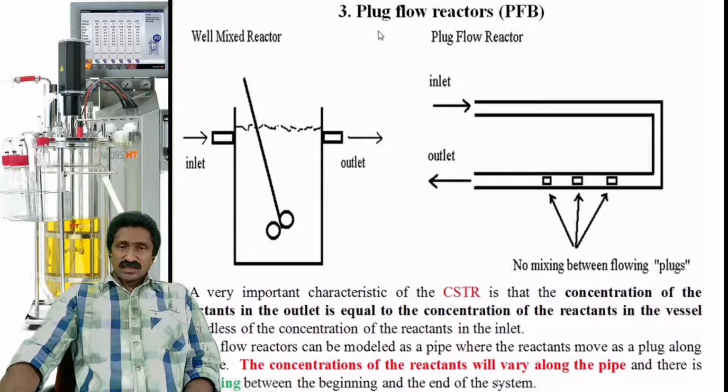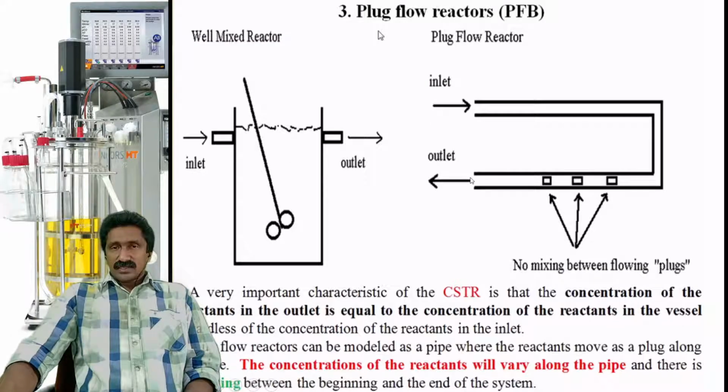So the concentration of the reactants will vary along the pipe. That means at different stages of the pipe, there is a different concentration of the reactants. So you don't have a uniform reactant concentration as in a stirred tank reactor.